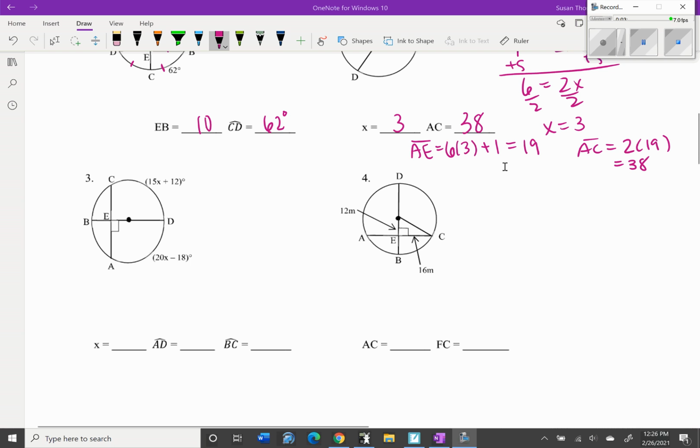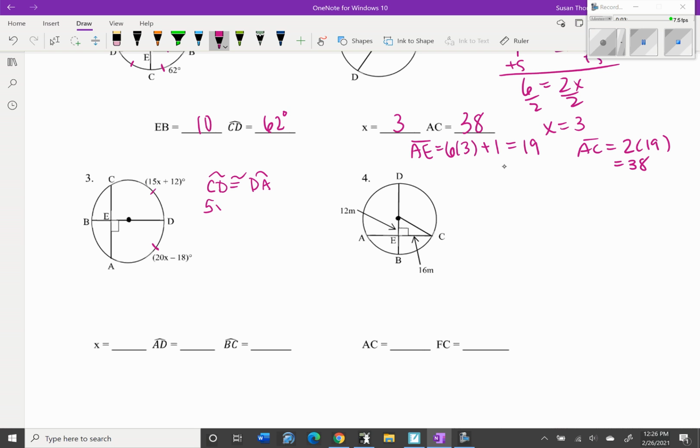Looking at the next question, we want to find X, and again, BD is a diameter and CA is the chord, and for this, that means that these arcs should be congruent, so we can set those equal to solve. So arc CD is congruent to arc DA.